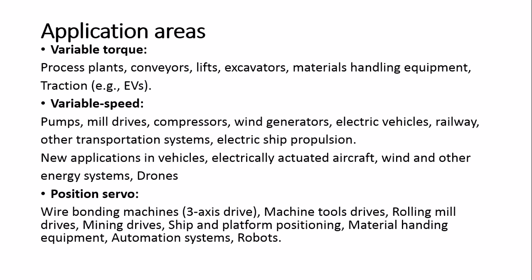New applications include vehicles, electrically actuated aircraft, wind and other energy systems, and drones. For position servo applications, we mean wire bonding machines, 3-axis drives, machine tool drives, rolling mill drives, mining drives, ship and platform positioning, material handling equipment, and automation systems, robots.